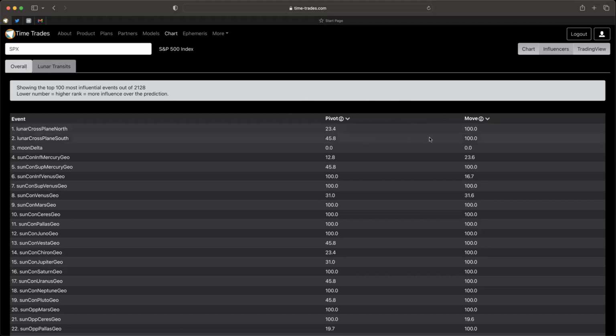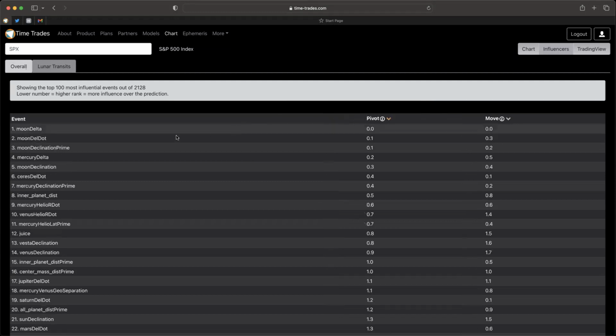So we're focusing in on the non-directional ones. And when we click on pivots here, we can see the ranking of the top 100 most influential features out of the total of 2,128 that are in the Time Trades model.